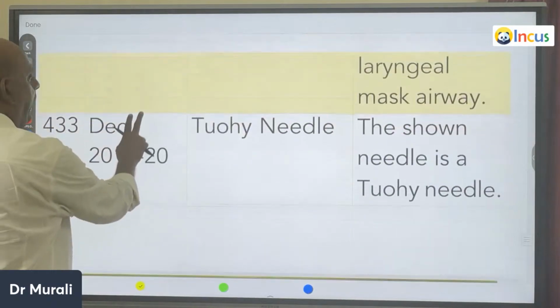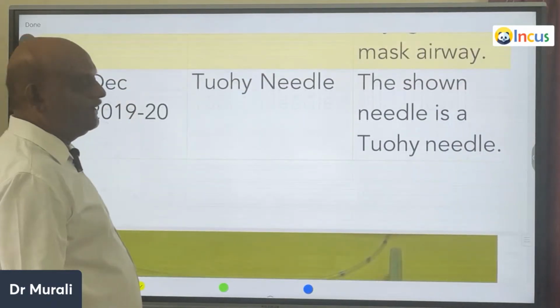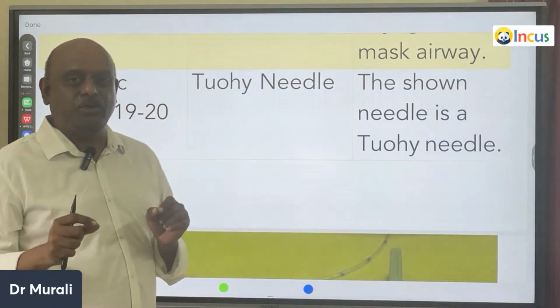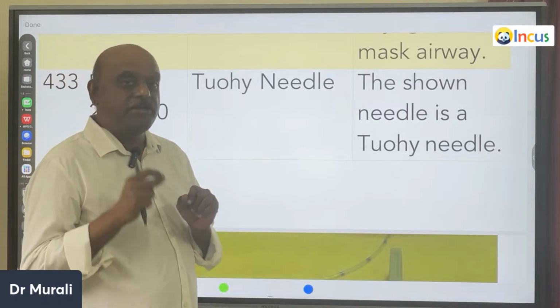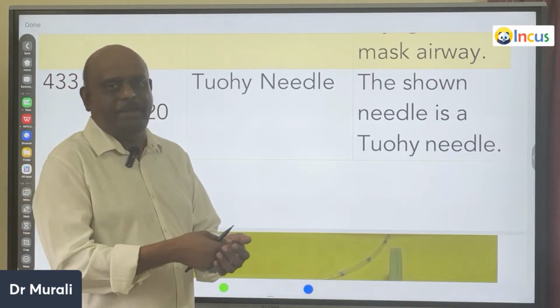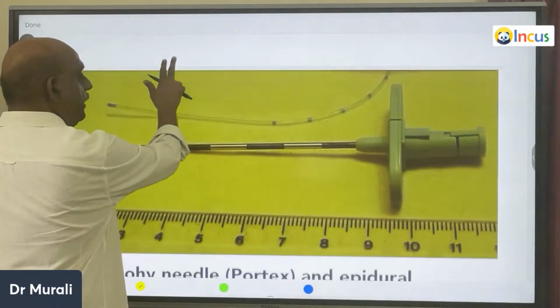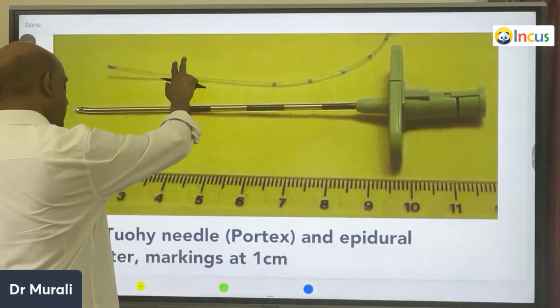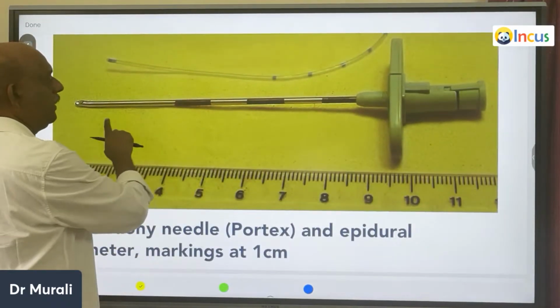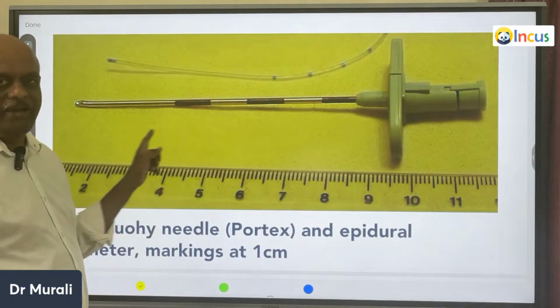Now what is meant by Tuohy needle? You should know how to recognize a Tuohy needle for doing the lumbar puncture, right? So this is the typical Tuohy needle, right?